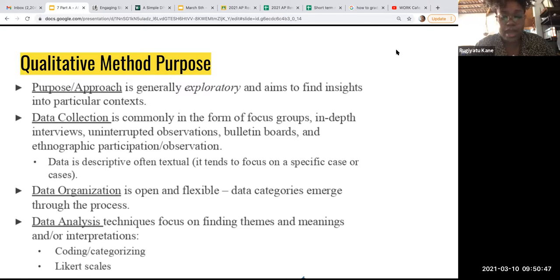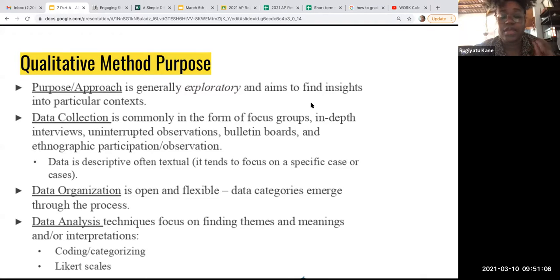So coding or categorizing Likert scales, from to what extent. So people are agreeing or disagreeing, or how low or how high. You kind of go from one to another in order to derive the meaning behind the data that you have.